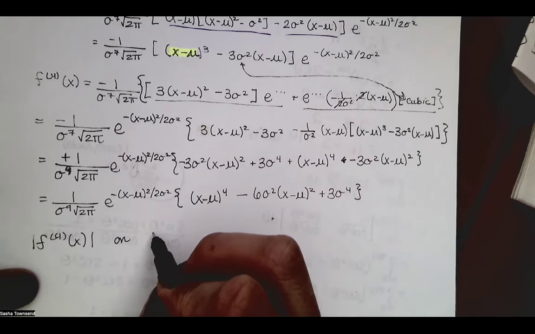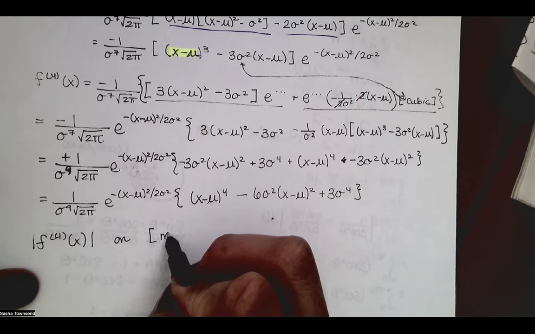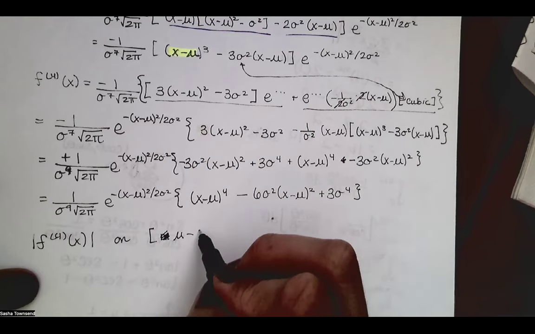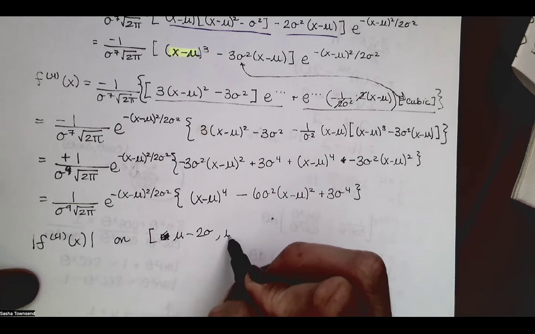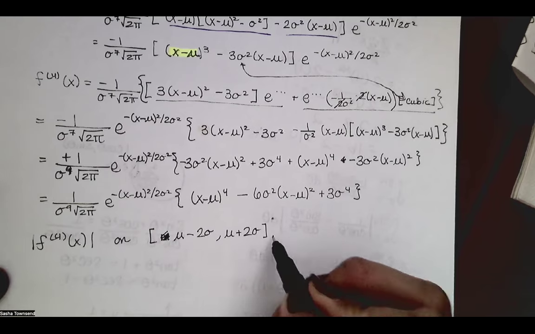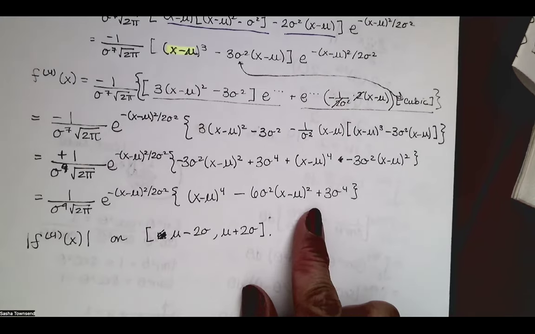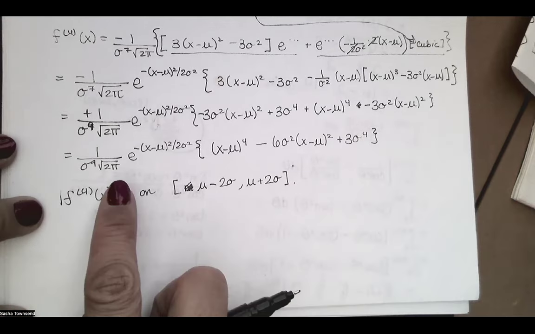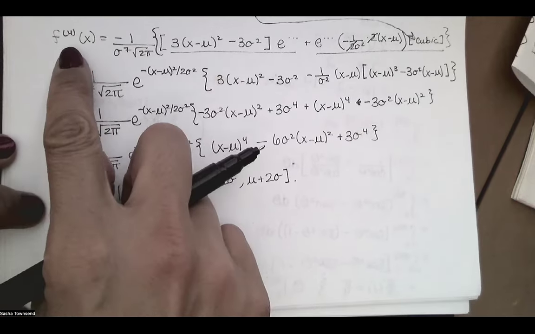And we're interested in this on the interval from the mean minus 2 standard deviations to the mean plus 2 standard deviations. We want to maximize this function. So you say, okay, well, where do I find the maximums?